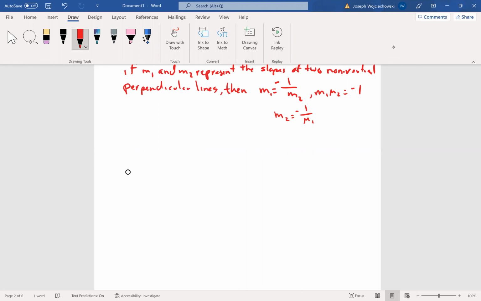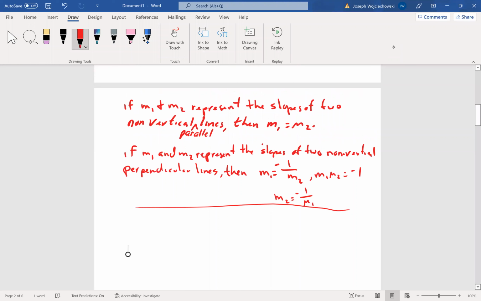Again, we have to take into account that neither of them is vertical, because there's no slope in the vertical line. So if we multiply the slopes together and we get -1, we have perpendicular lines. If the slopes are equal, we have parallel lines.